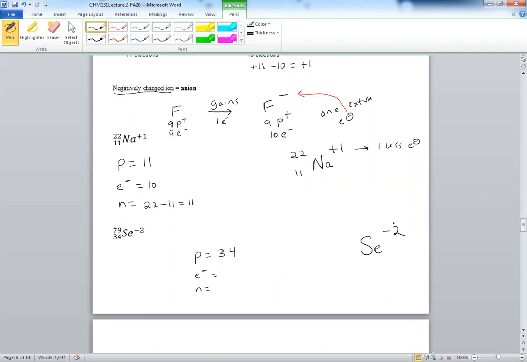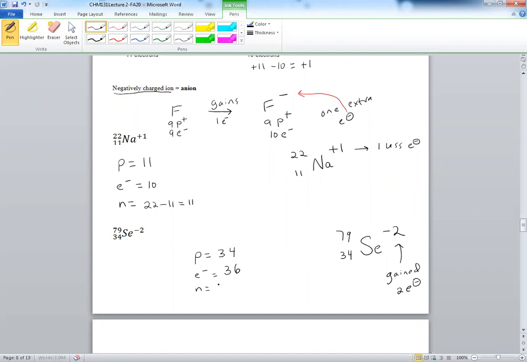That minus 2 means it gained 2 electrons, so it's 2 more than this number. Once again, it may sound counterintuitive, but remember, what is the charge of the electron? It's negative. That's why it's a minus 2. It tells us we have too many electrons, and the atom is not neutral anymore. So that minus 2 means you have 36 electrons.